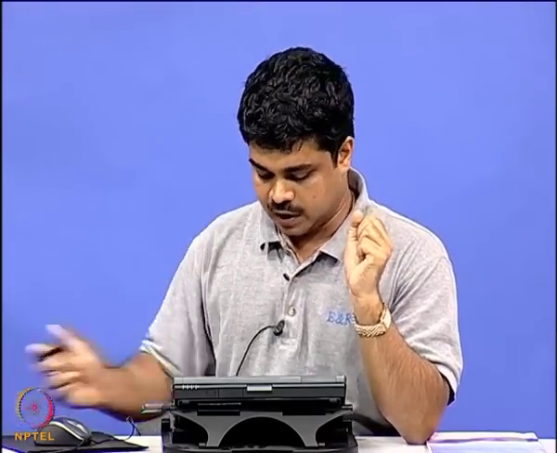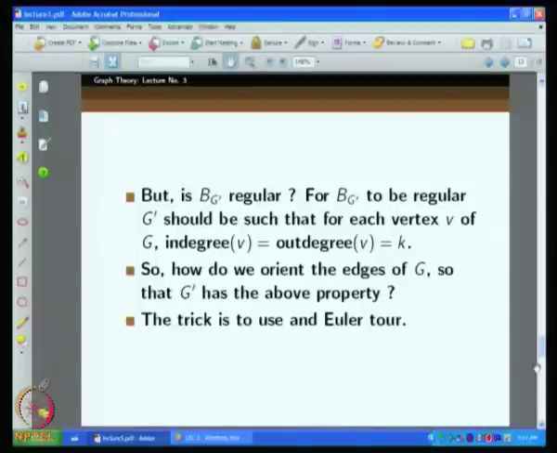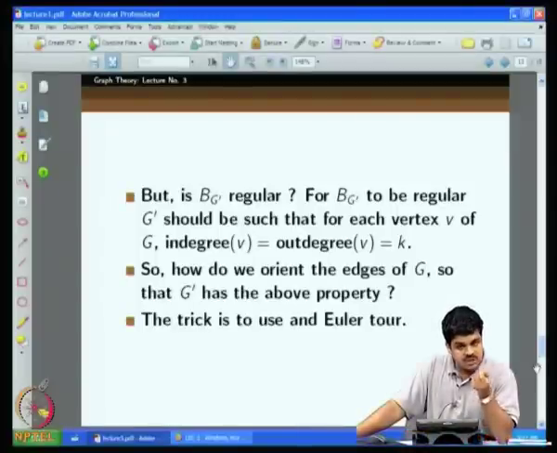And we know that if this bipartite graph is a regular graph, then we can definitely infer that there is a perfect matching.